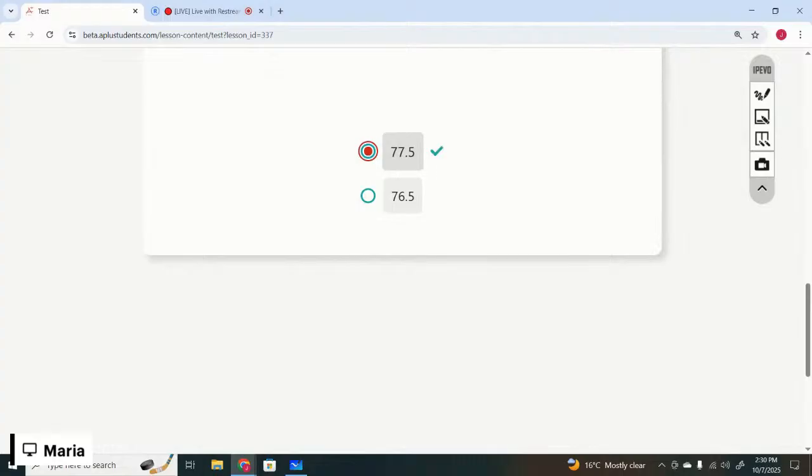That is 77.5. So I think we need to move on to the next lesson because the test questions are not loading.